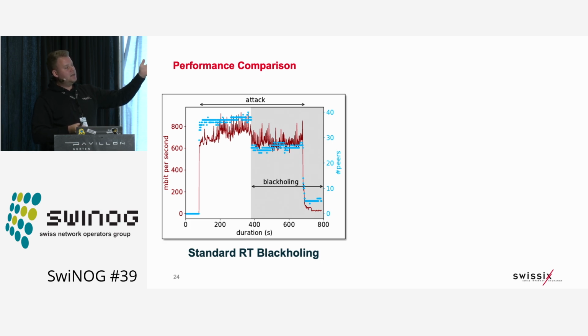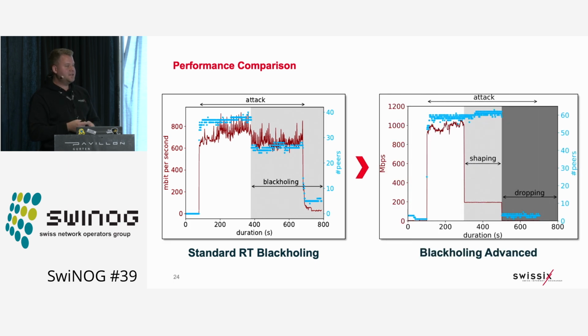And then we see that in the middle of the graph, the blue dots are reduced. This means that about 8 peers effectively accepted the more specific announcements, and the traffic was blackholed as I indicated and shown before. However, there are still peers who did not accept the very specific /32 announcement, so the traffic still kept coming. This means that the remote standard blackholing isn't always super effective.